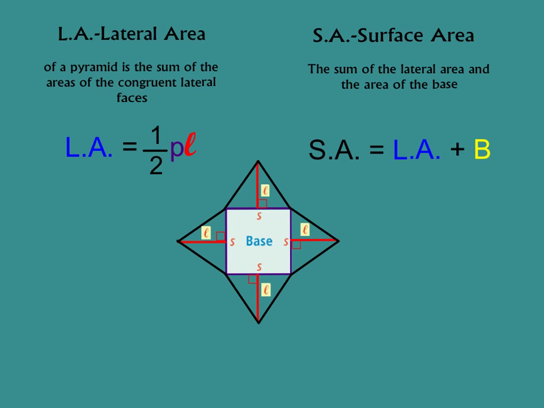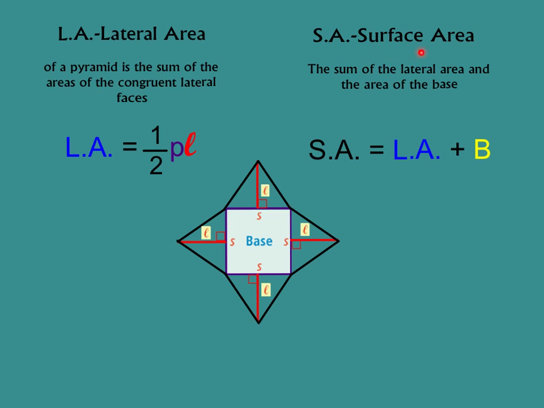Now to write it more simply, that is just 1/2 the perimeter of the base times L. And remember, L stands for the slant height, not just height. Slant height, remember, refers to the height of the lateral face. So here's our formula for lateral area: 1/2 times the perimeter of the base times the slant height.